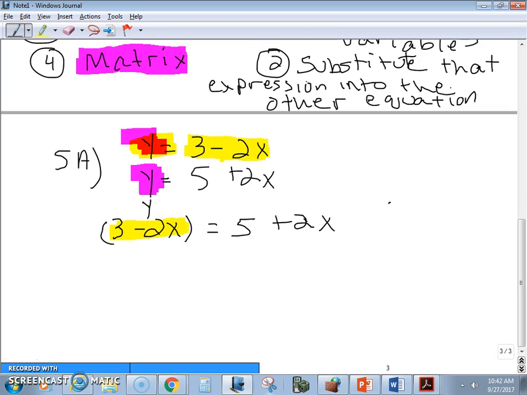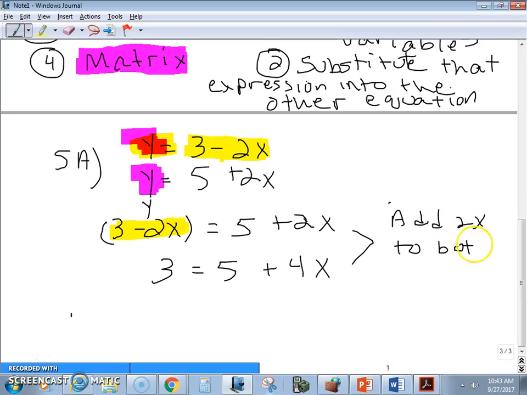Now we're going to solve it. Let's see if you can fill in what I've done here. What if I have 3 equals 5 plus 4x? Can you figure out what I did from here to here? Let's ask the audience. I added 2x to both sides. Next step. Let's see if you can figure out what I did.